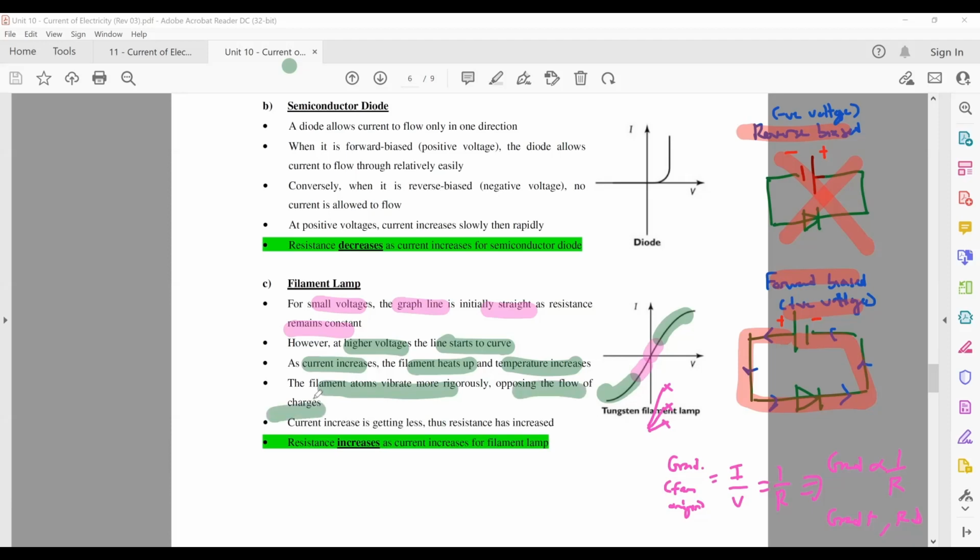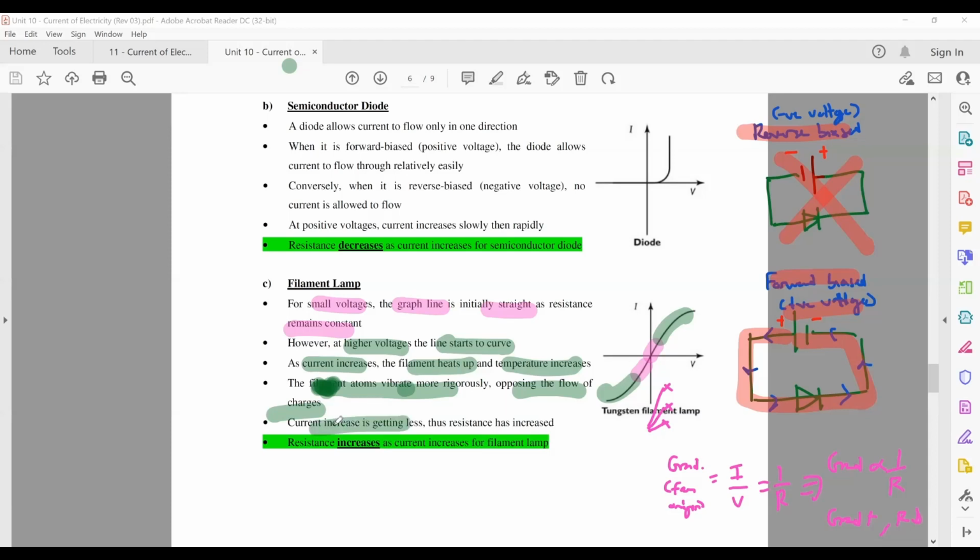Just now when we talked about resistance, we mentioned that when your charge tries to flow inside a conductor, it's opposed by the atoms of the conductor itself. So specifically now, your conductor is the filament lamp metal. The atoms are vibrating more rigorously, so it's opposing the flow of your charges.